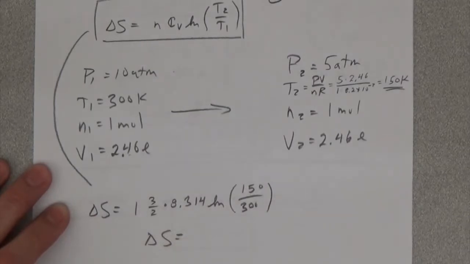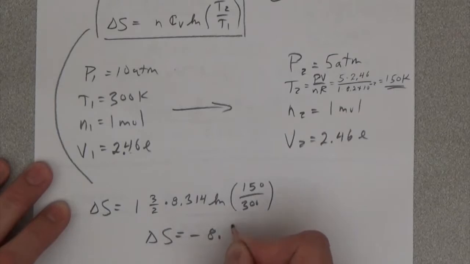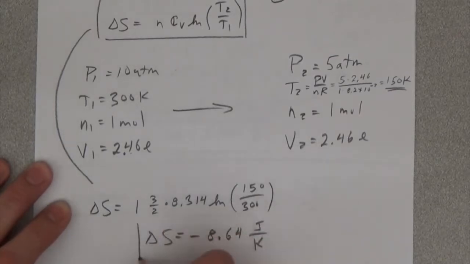Delta S is equal to minus 8.64 joule per K.